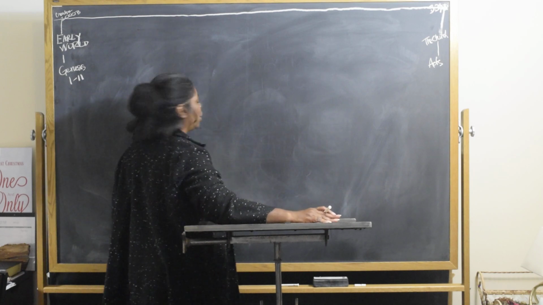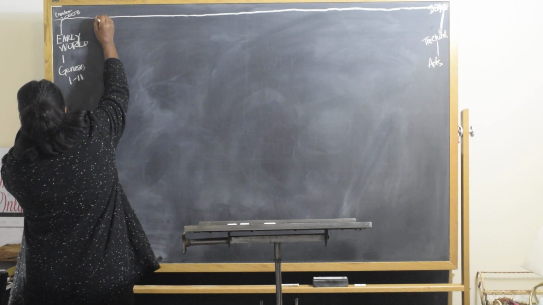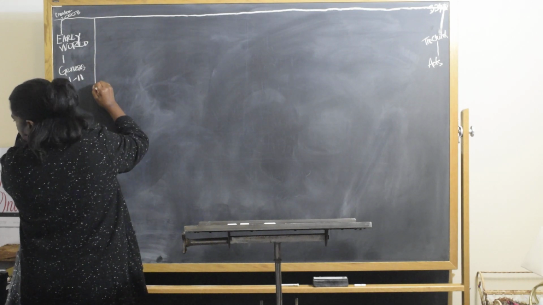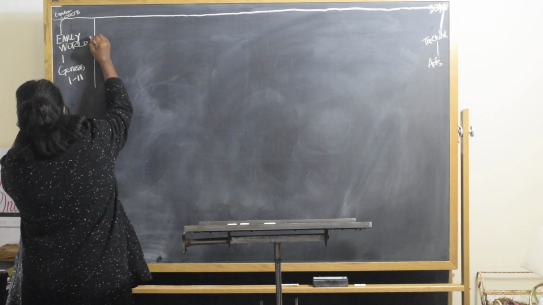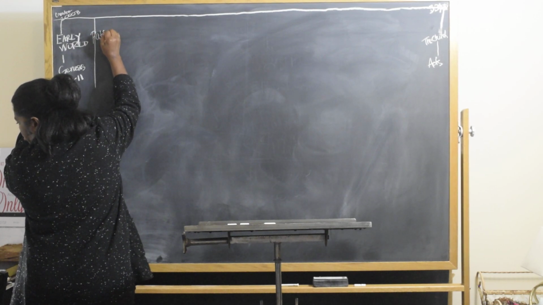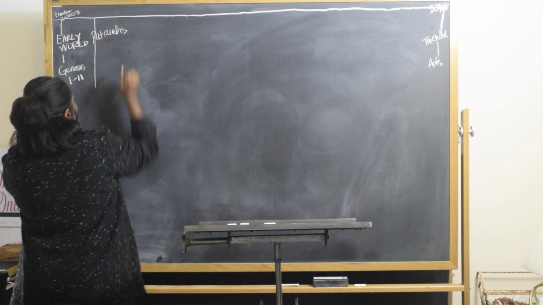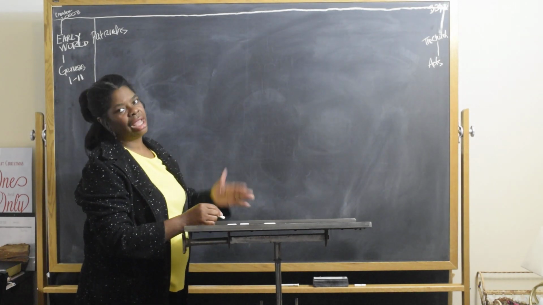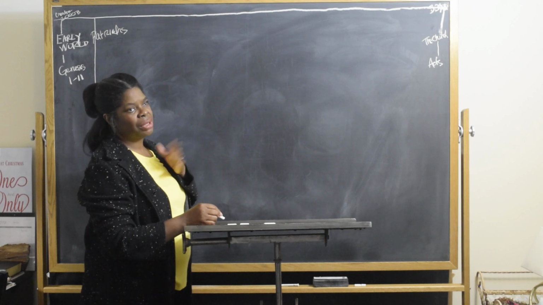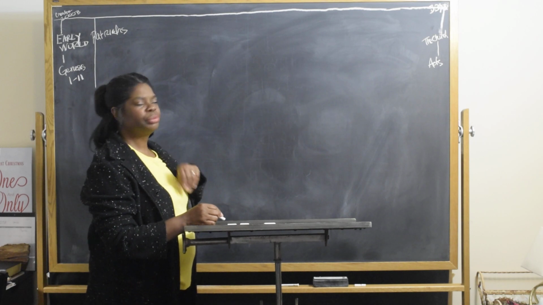Okay? So, next we have the patriarchs. The patriarchs. And we're going to put them right here on the timeline. Patriarchs. You might as well know from right now that I'm not the best speller. Okay, so if you see me misspell something, know that I know that's one of my character flaws. I'm not the best speller in the world. Okay, patriarchs.